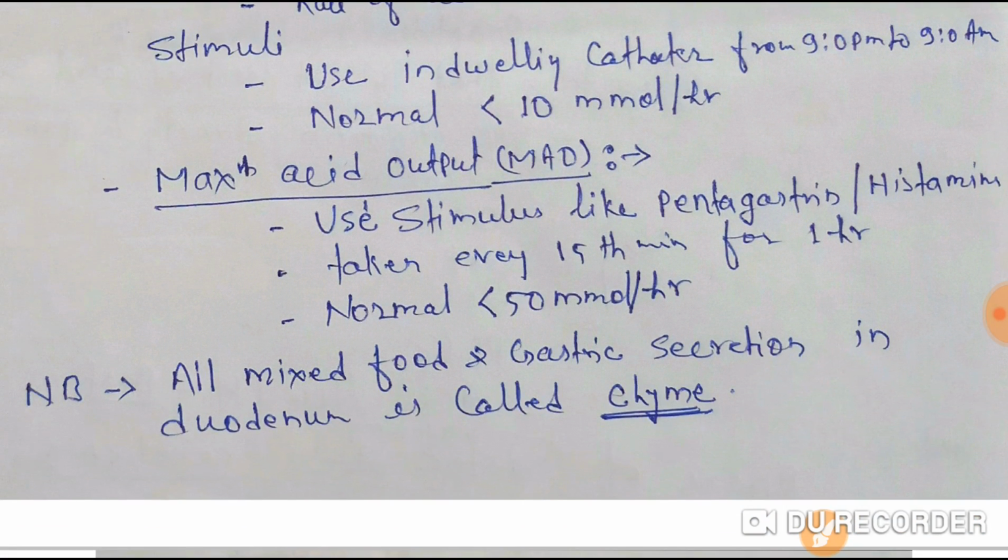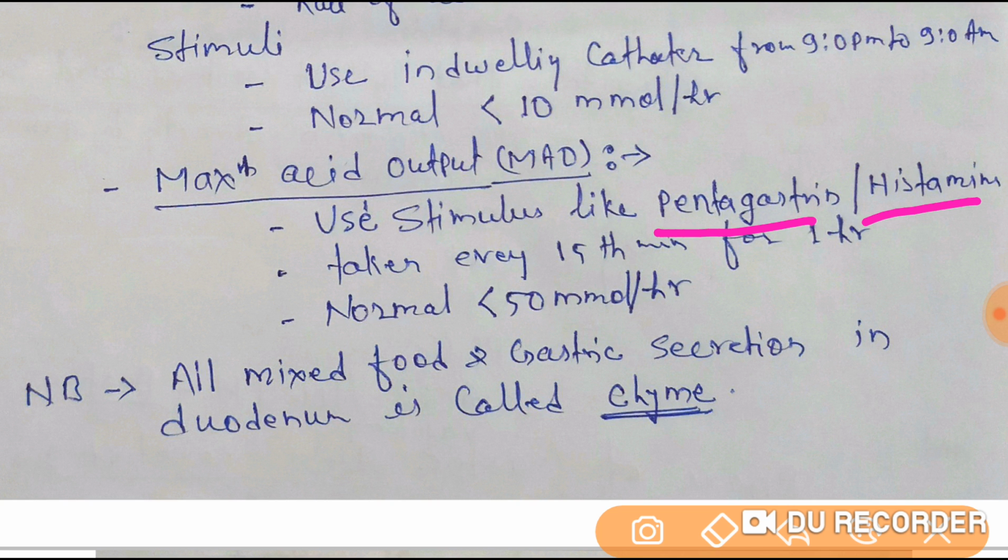Then the topic is the maximum acid output. It includes use of a stimulus like pentagastrin or histamine.